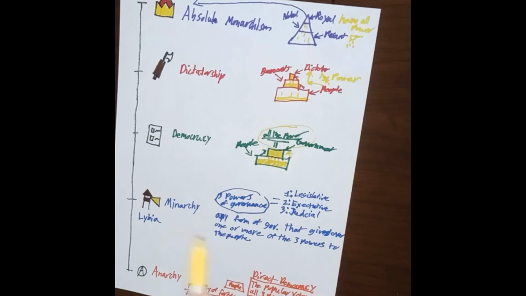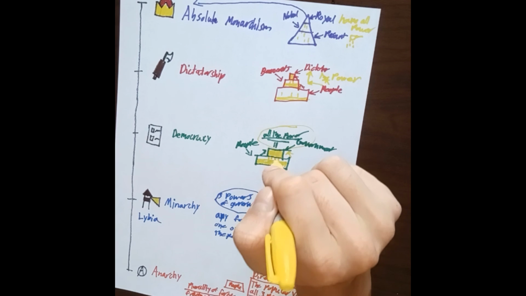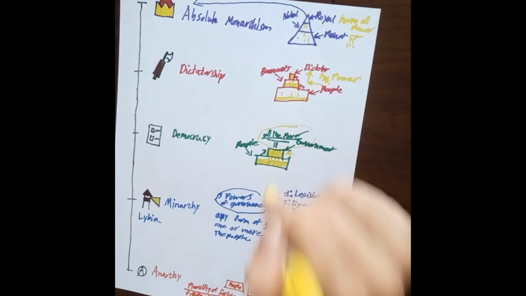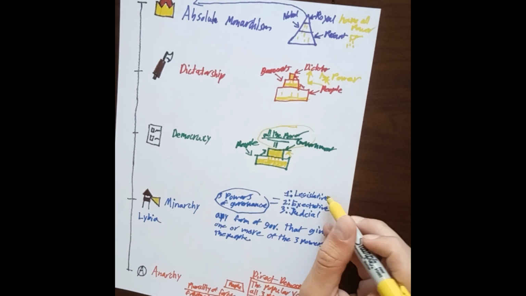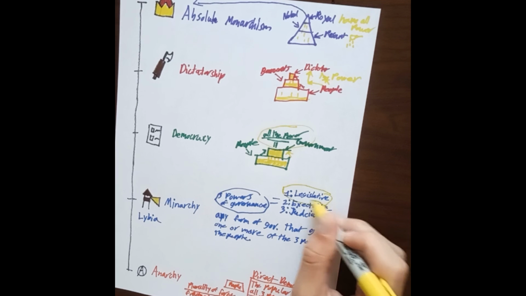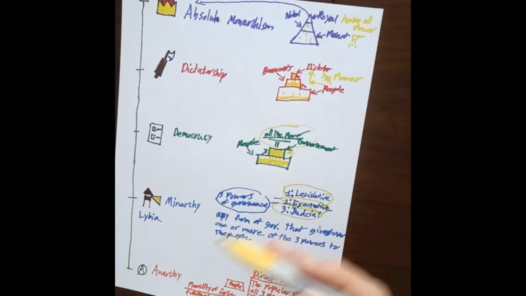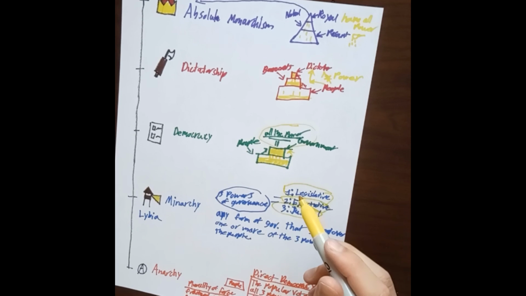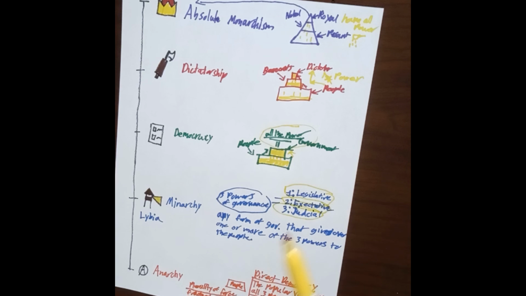All right? Monarchy can be any of these things as long as the people get a really big reservoir of power in that they either have legislative, executive, or judicial power, or any combination between the three. Which, by the way, includes all three. You can give the people all three of these things and still be a monarchy.